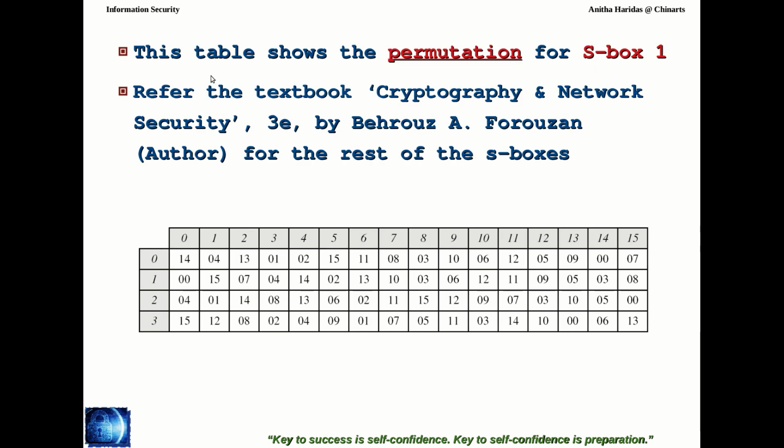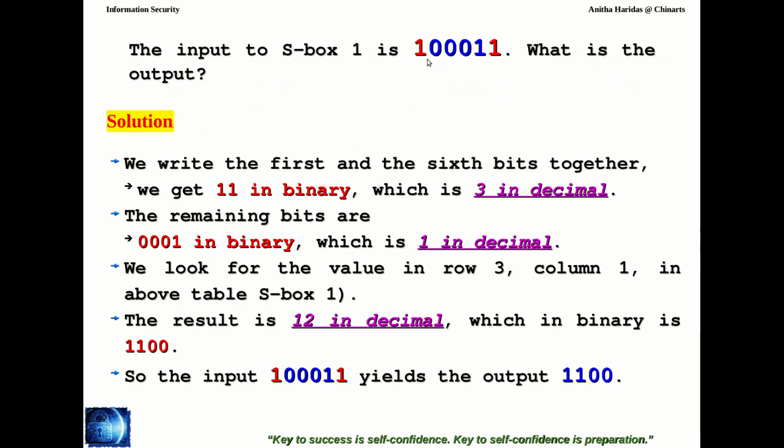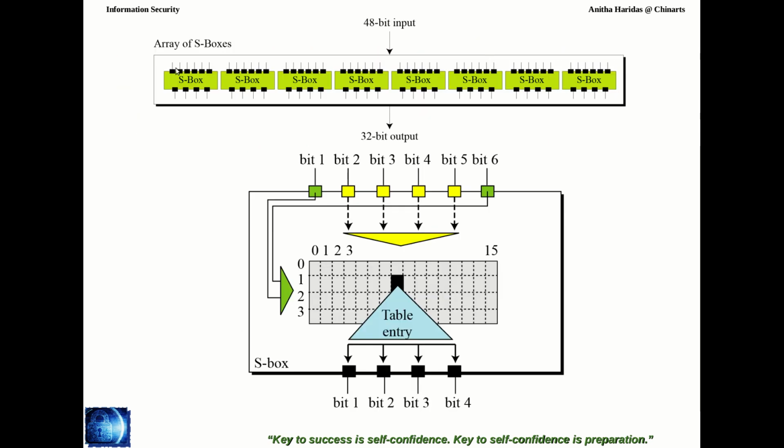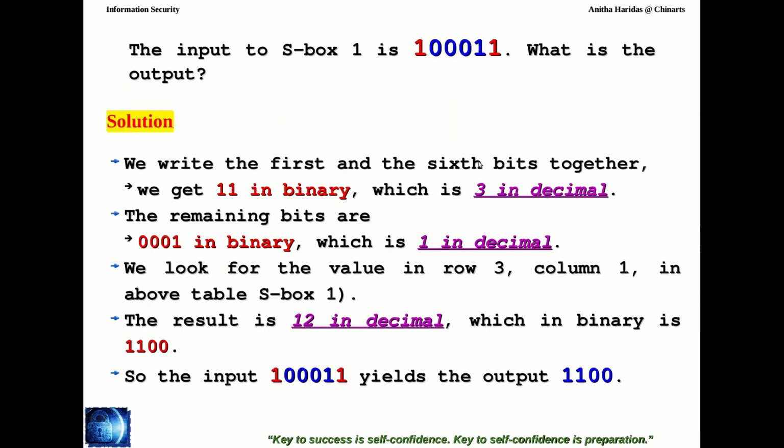Let us assume these are the bits given as the input, given here for S-box 1. So these 6 bits will be 1, 0, 0, 0, 1, 1. These are the 6 bits given as the input.